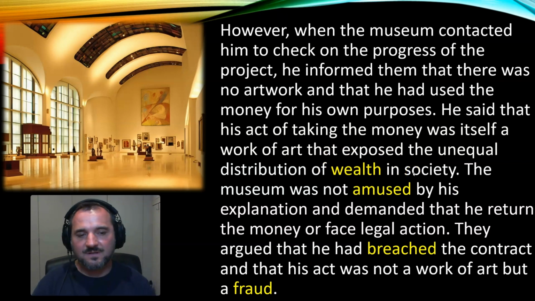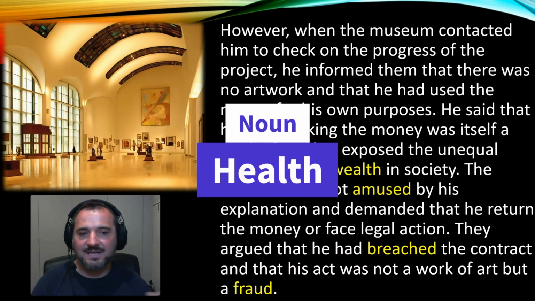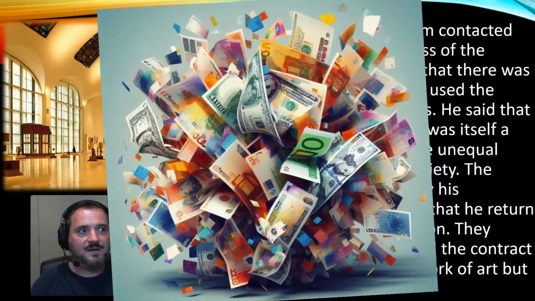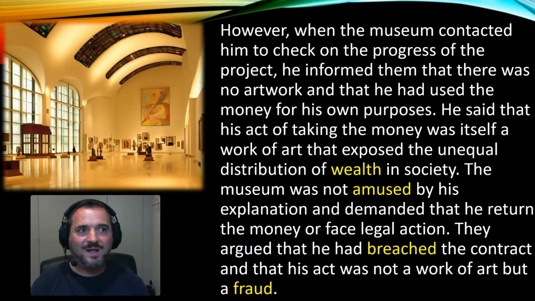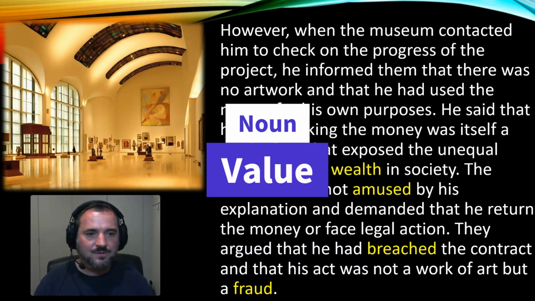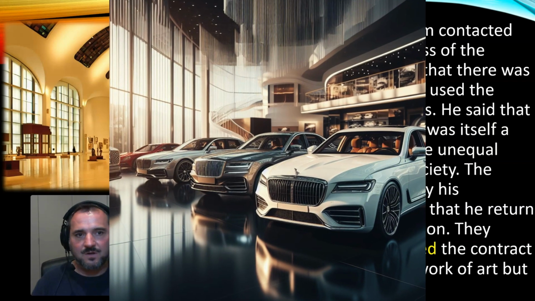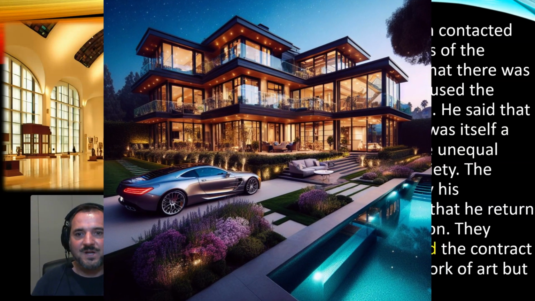Now you may notice that it looks quite similar to another English word, which is health. But in fact, it's not really connected with that. This is connected with money, with possessions, I suppose. Basically, your wealth is your value, your worth, your monetary value. So it's not only money or cash, it can also be assets that you own, like cars or houses or expensive paintings if you're very rich.